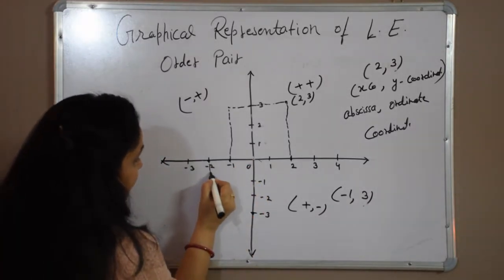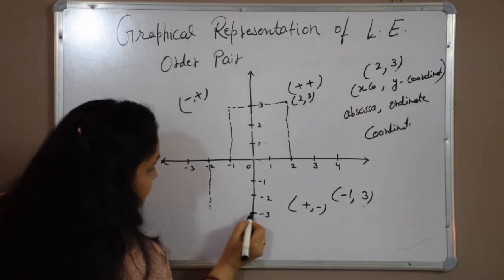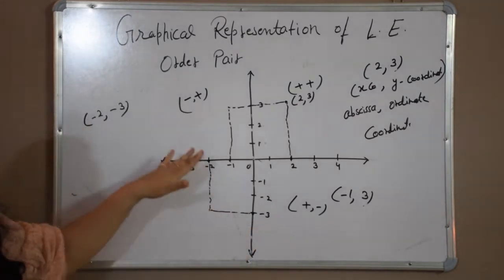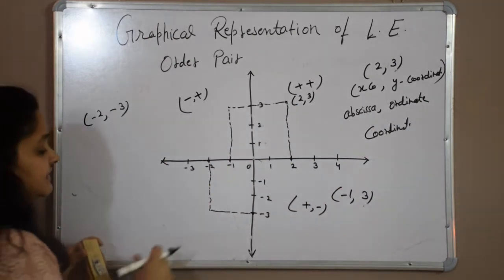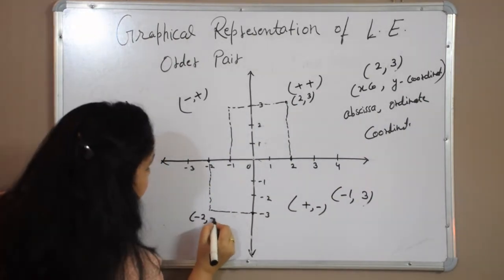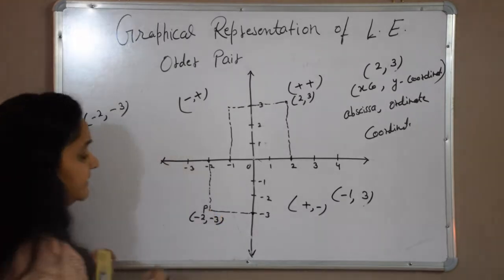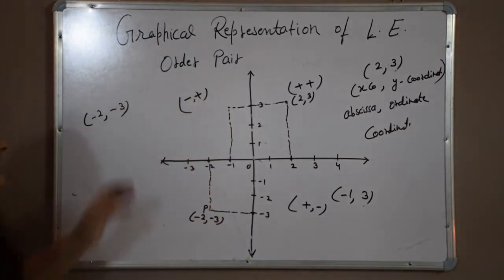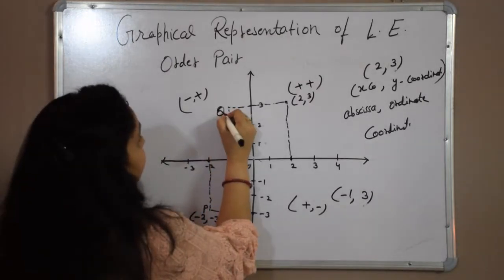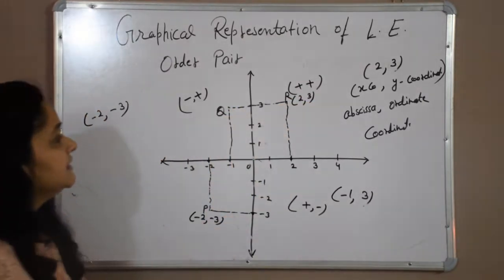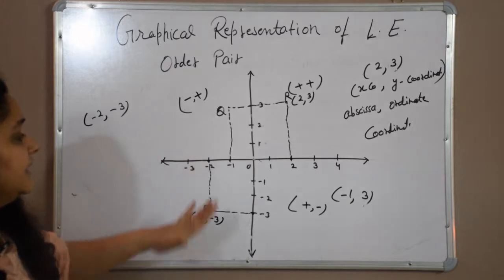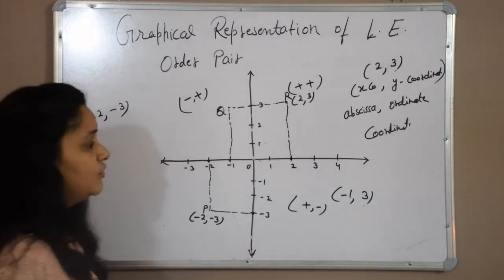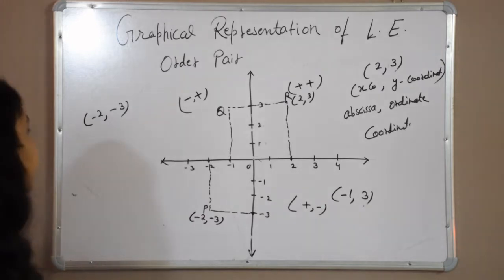Now we will start from here, and from minus 3, where these two perpendicular distances meet, this point is (minus 2, minus 3), and we can name it anything like A, B, C, P, Q, R, capital letters. We generally denote all these points by capital letters. See, P, Q, R, like this. Now this is called the fourth quadrant, and in the fourth quadrant also I will plot a point.